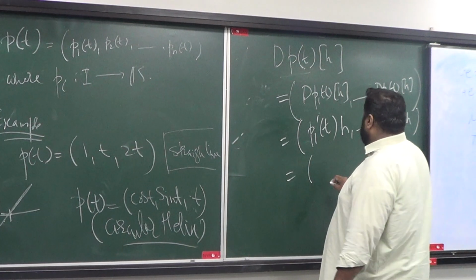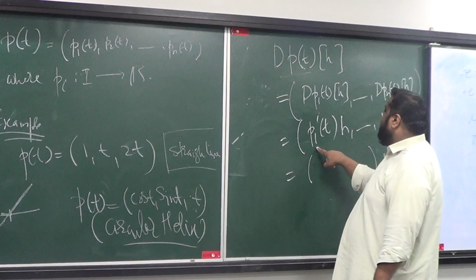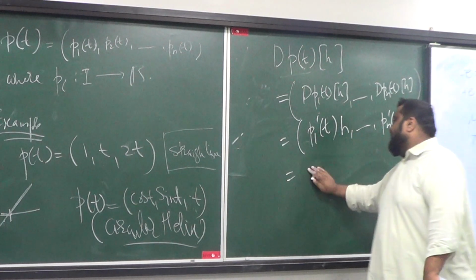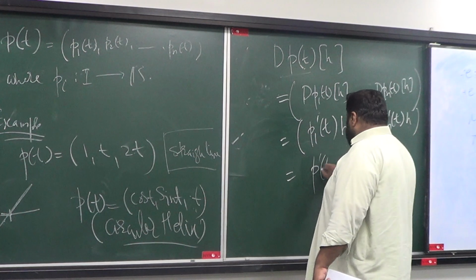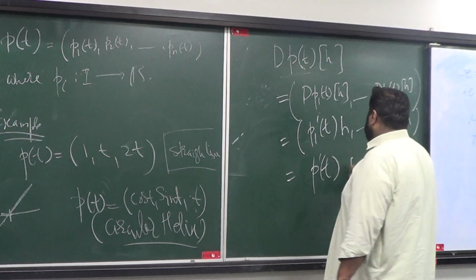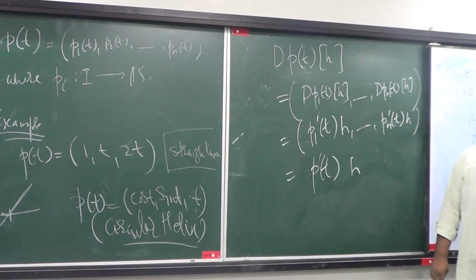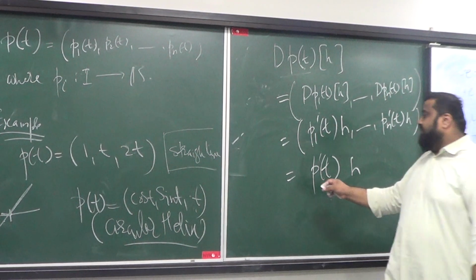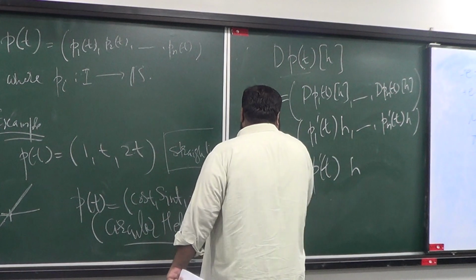And so you're going to have p1 prime up to pn prime. And I can write this as p prime of t times h. P prime of t is p1 prime, p2 prime, so it's differentiating each component with respect to time. So this would be the Frechet derivative of it.